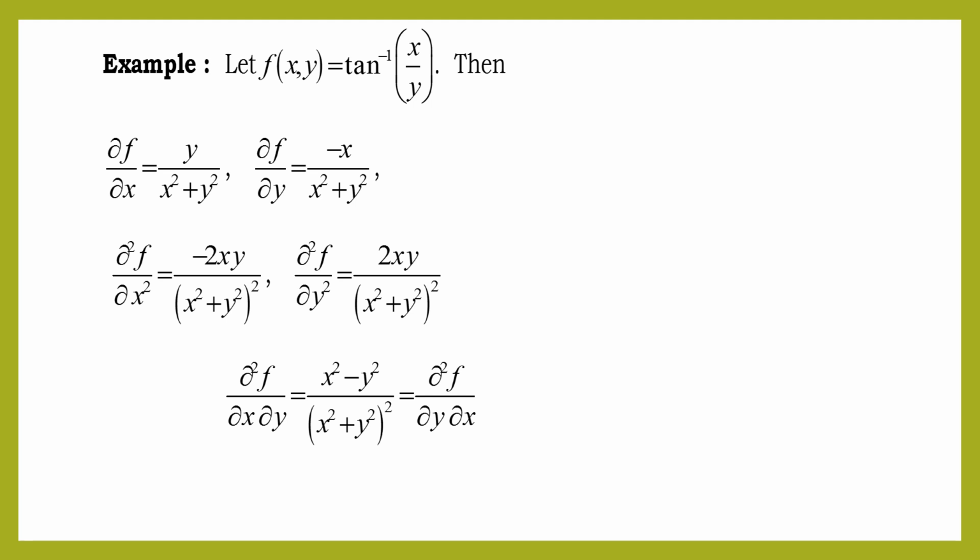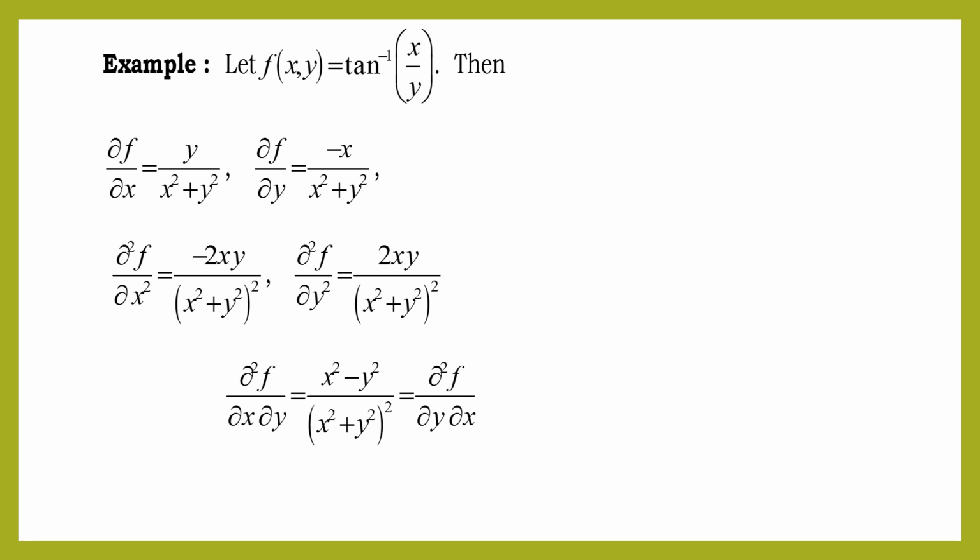If I take dou f by dou y, we get minus x by x square plus y square for this particular function f of x comma y equals tan inverse of x by y. If we find out the second partial derivative dou square f by dou x square, that means dou by dou x of dou f by dou x, we get minus 2xy by x square plus y square whole square.